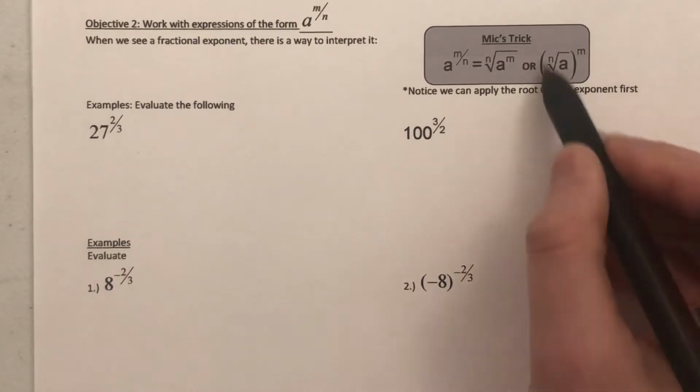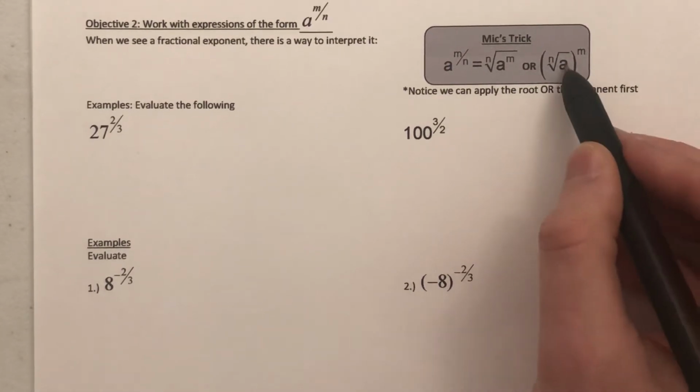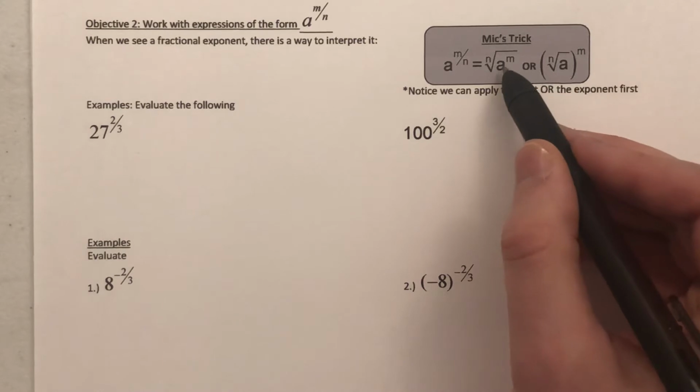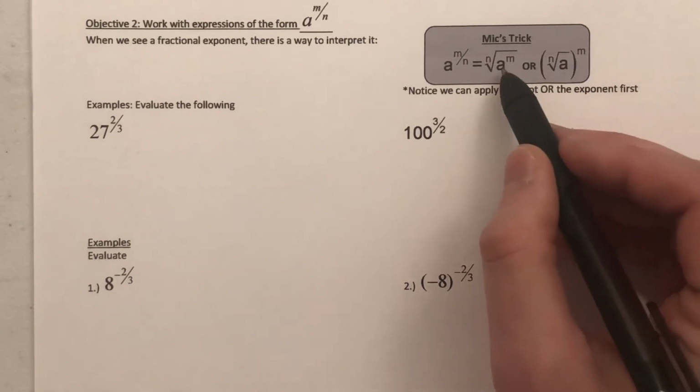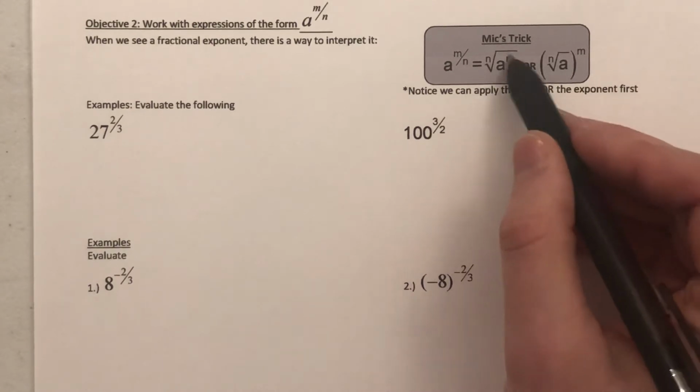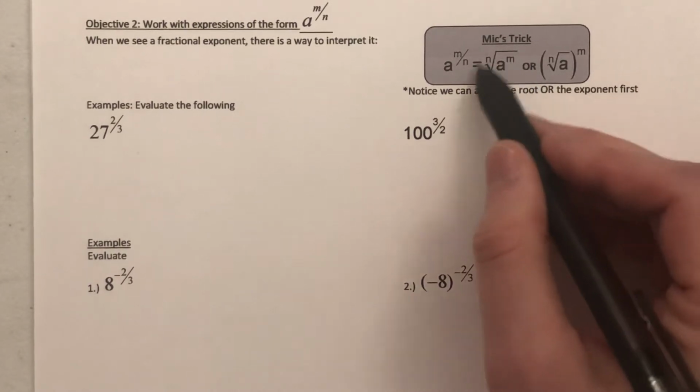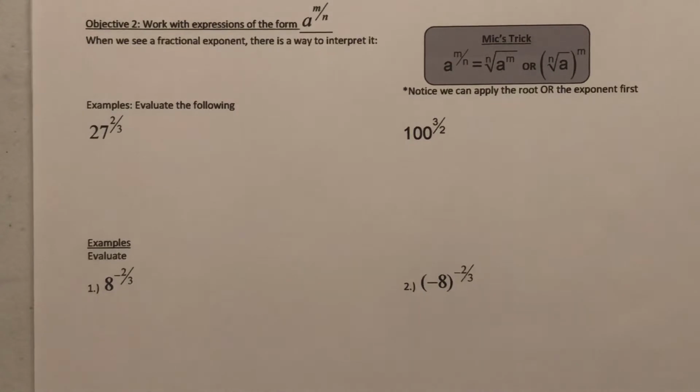So this would be the more convenient approach, if you can take that root of that base first, rather than making the number bigger and then trying to figure out its root. However, there might be times where using the power first would allow you to then successfully take the root afterwards. So just something to keep in mind.